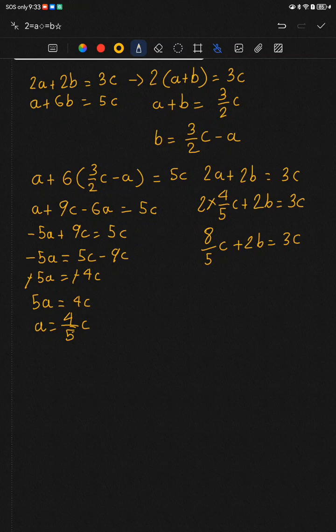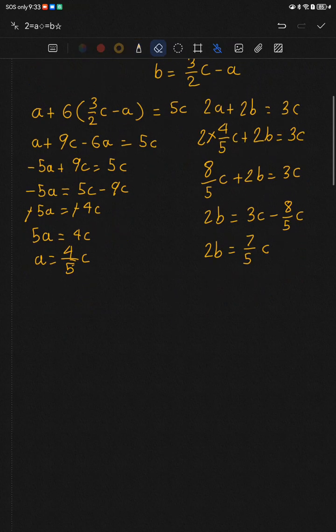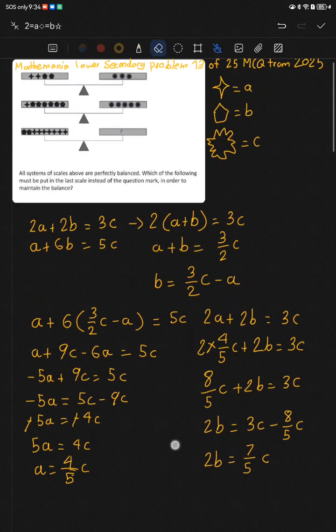Then we move that C to the other side to get 2B as 3C minus 8 over 5 C, or 2B is 7 over 5 C. Well, we're not going to simplify B now. I'll tell you why later.